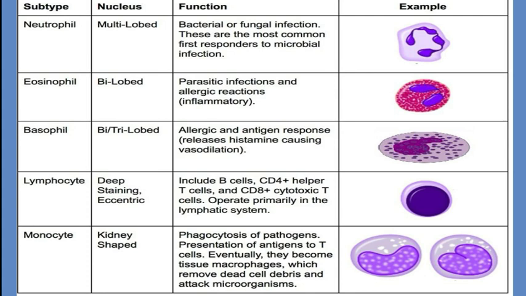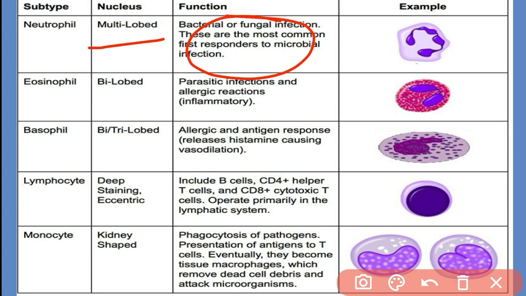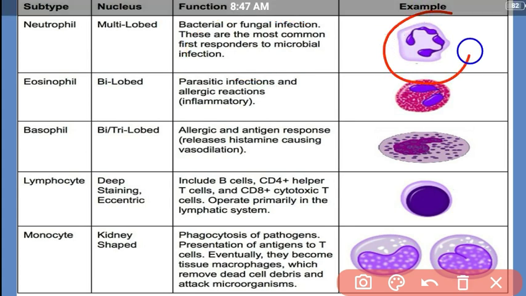Just have a look at the cells in the immune system. The neutrophils are multi-lobed cells in our blood and they give protection against bacterial and fungal infection, and they are the most common first responders to microbial infections.